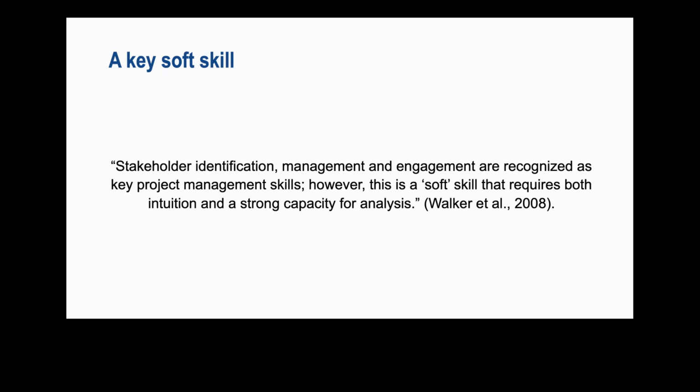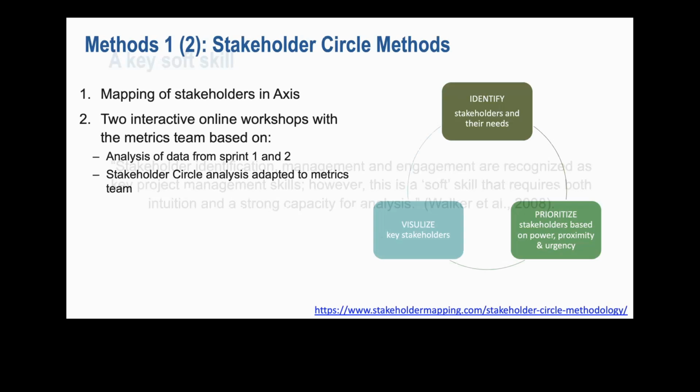And we have gone through a number of papers in this area, and we tried to find out what models can potentially be applied for a metrics team in agile organizations. And we're going to present a suggestion. Maybe it can be useful for some of you who have similar challenges with identification of stakeholders.